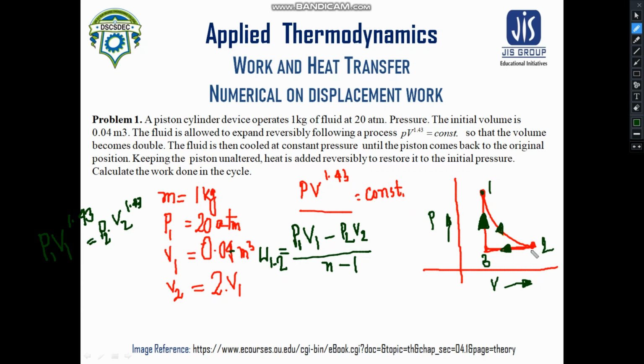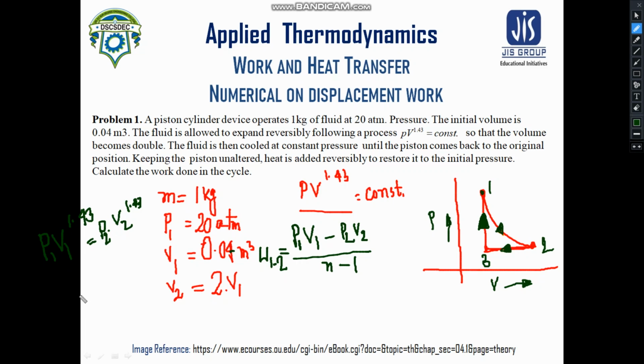This is the nature of this process. So for state 1 it is P1 V1 to the power 1.43, and for state 2 it is P2 into V2 to the power 1.43. They must be the same. And you know that V2 is equal to 2 V1.